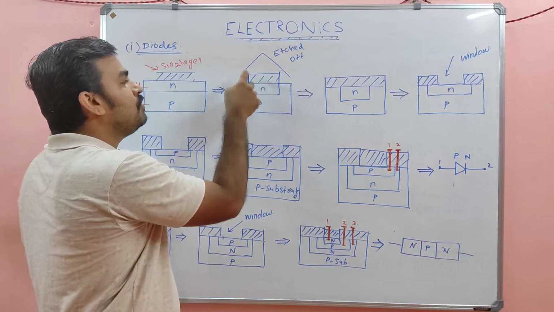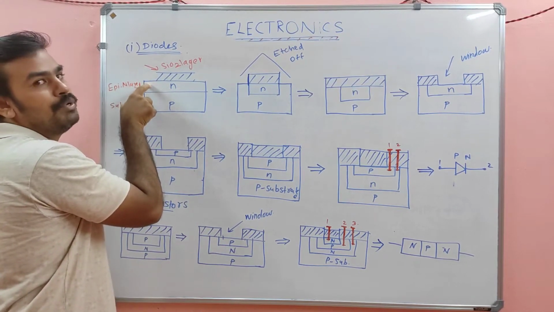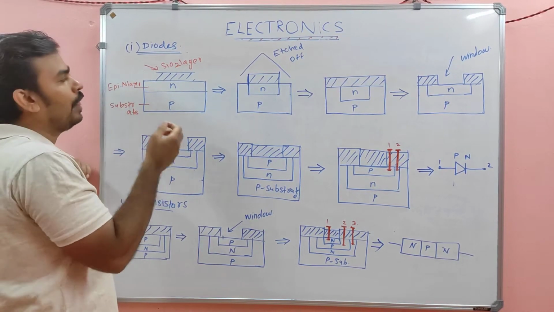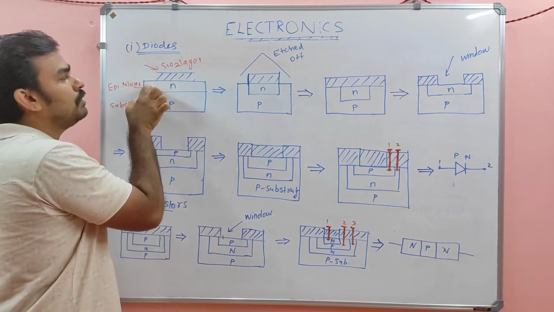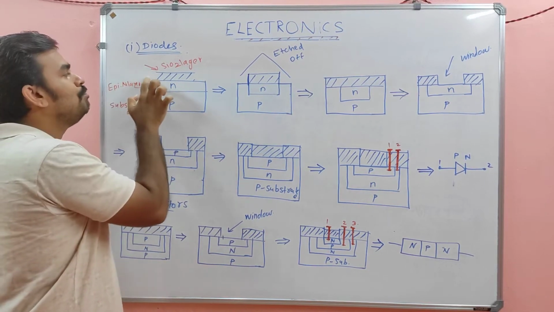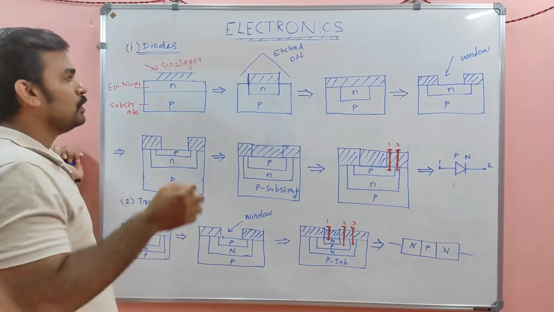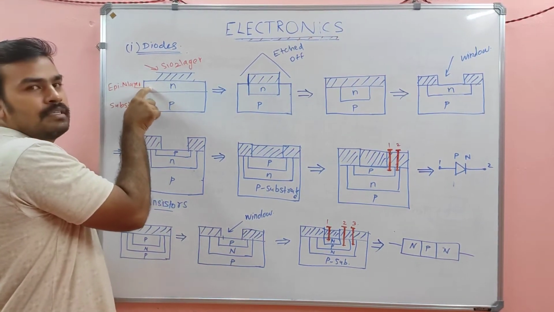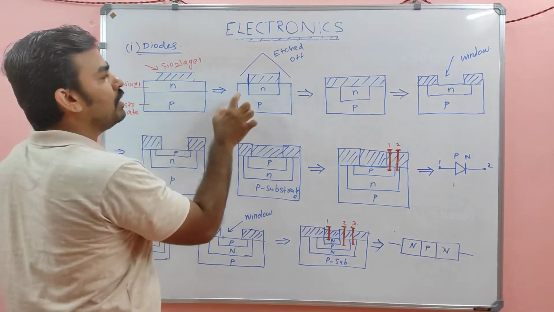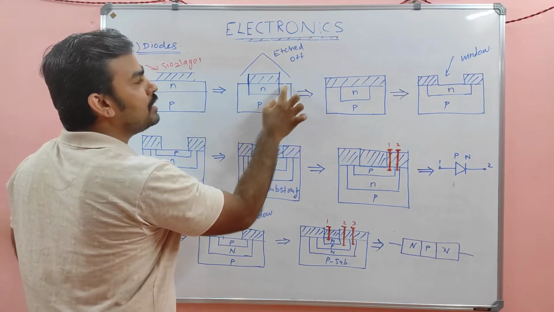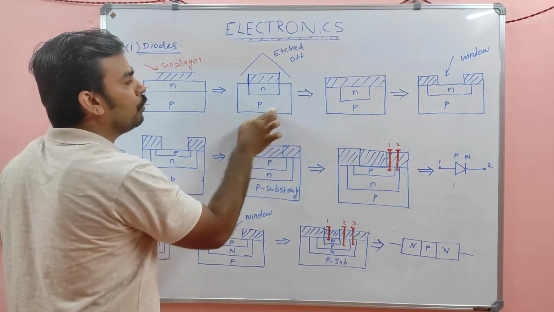So if you add more trivalent impurity here, the region just below this will be converted into P, because we added trivalent impurity. So the region just below this will be converted into P type. That is why here also P. That is why here also P. So the complete thing will be P now.